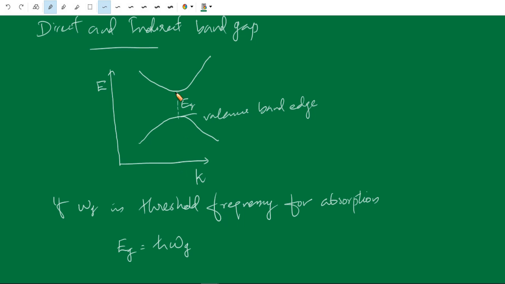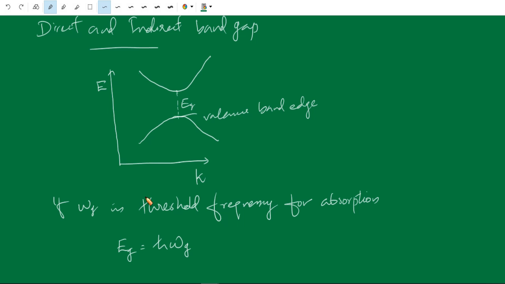Then such a band gap is called a direct band gap. If the band gap is direct, then absorption of photons causes electron hole pair creation.